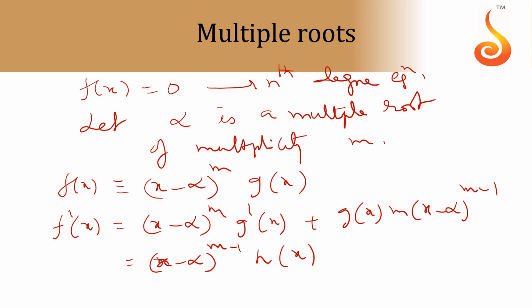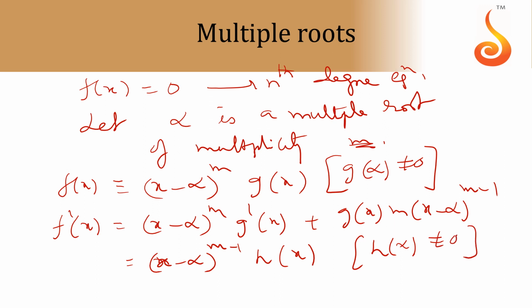And please remember here f of x should be equivalent to x minus alpha whole power m into g of x, where g of alpha should not be 0. Then only alpha will be a multiple root of multiplicity m. So here h of alpha won't be 0. So what you proved? Alpha is a multiple root of order, you can say multiplicity or order, anything, m minus 1 for the derivative.